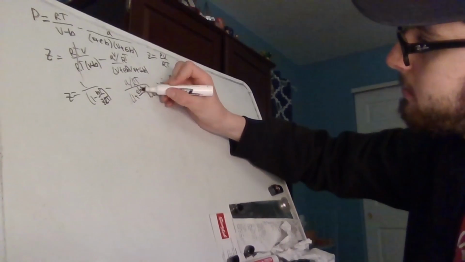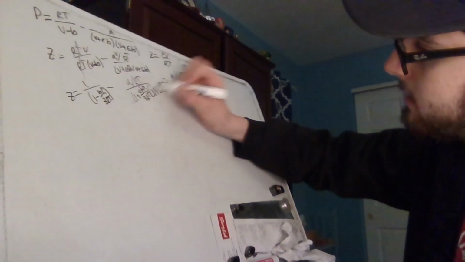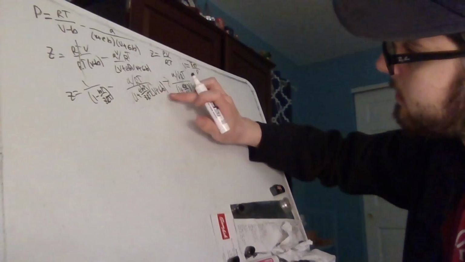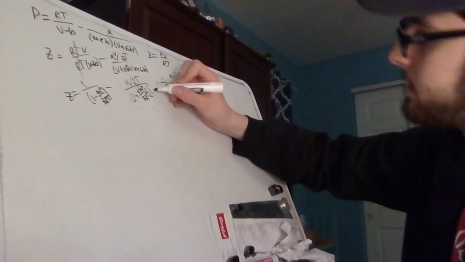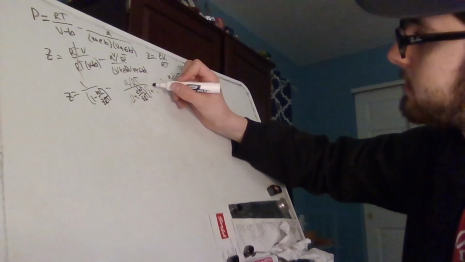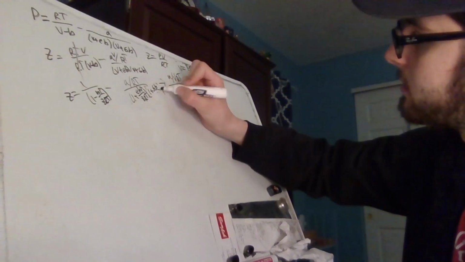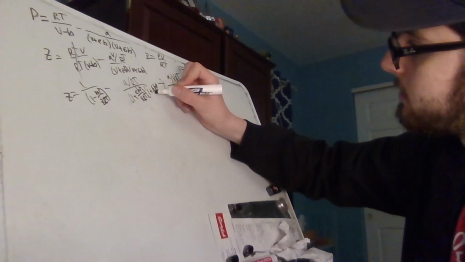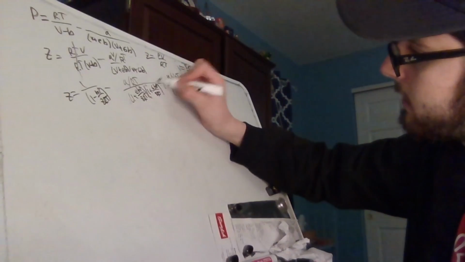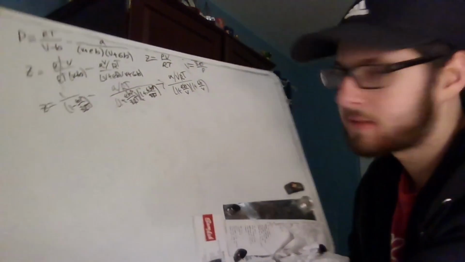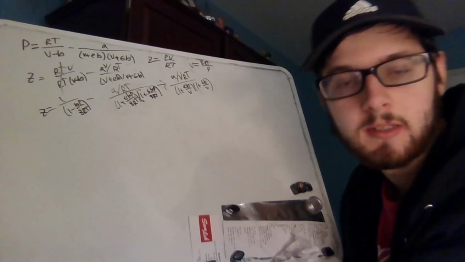So let's just change this to 1 plus sigma b P over ZRT. And here's what I have so far, so you can see it.